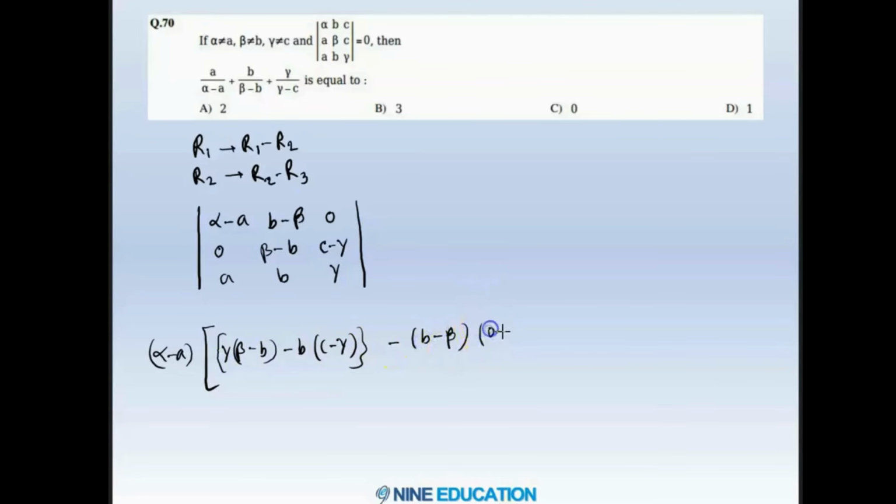And the last term is anyway going to be 0, and since this determinant is also given as 0, we can put overall 0. So this is alpha minus A, gamma into alpha minus A, beta minus B. Then next one will be, this is C minus gamma basically, so I can say minus B alpha minus A, C minus gamma.